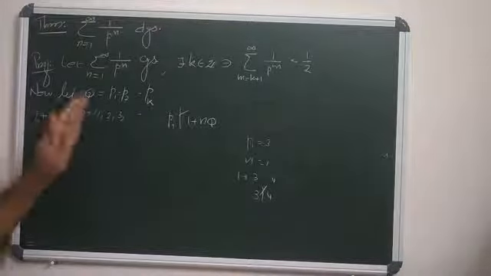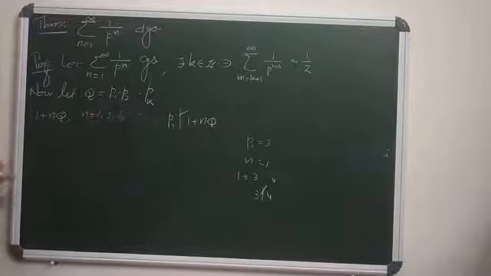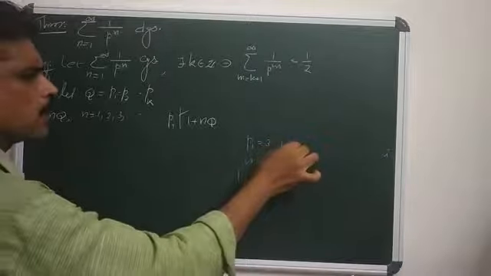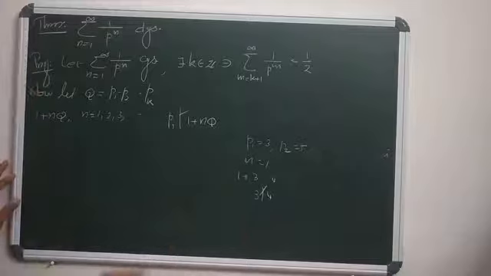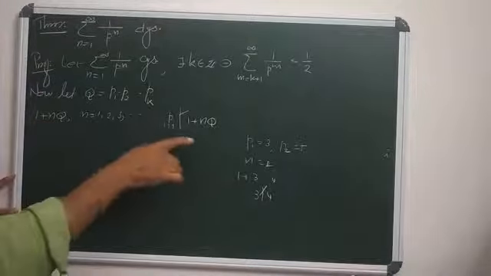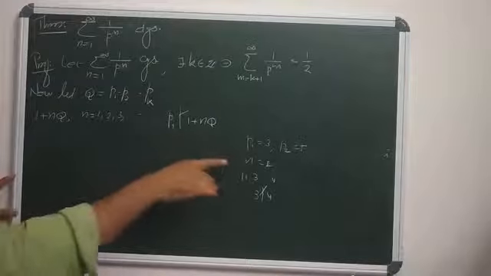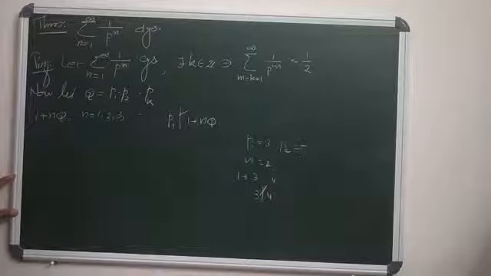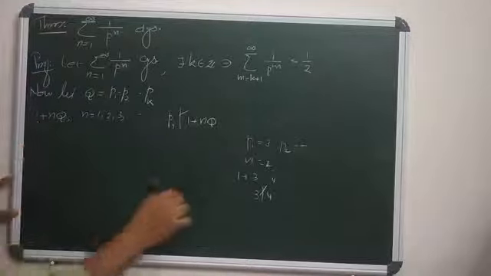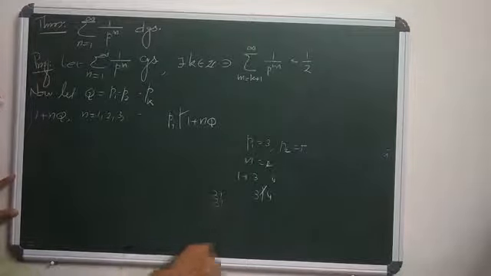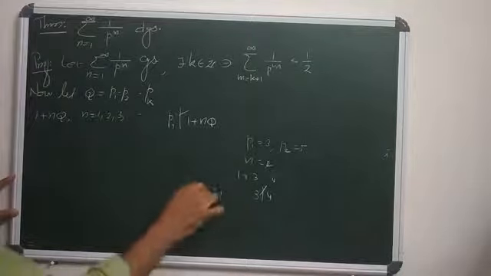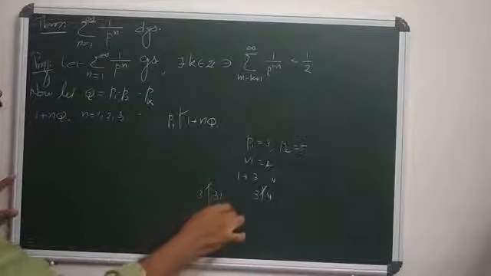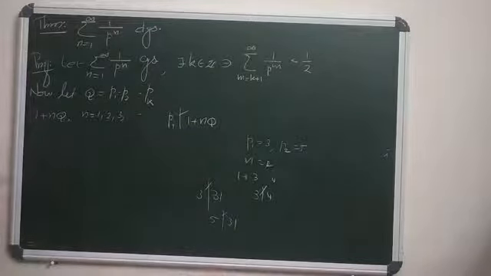If you choose p1 equals 3, p2 equals 5, the next prime, and n equals 2, what happens? Q is 3 into 5, 15. nq is 2 into 15, 30, and 1 plus 30 is 31. So 3 doesn't divide 31 and 5 doesn't divide 31.